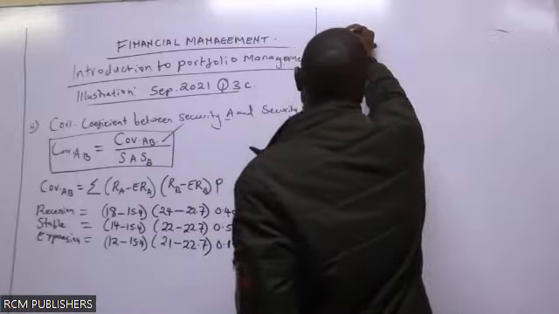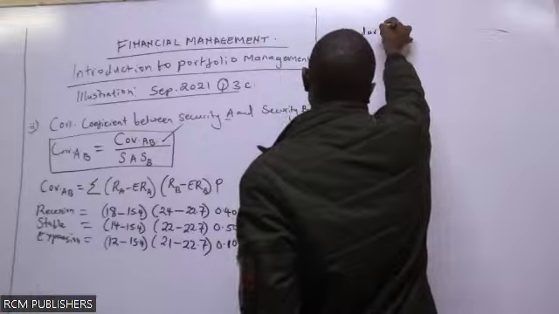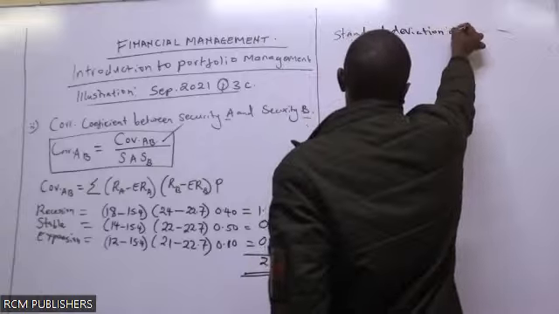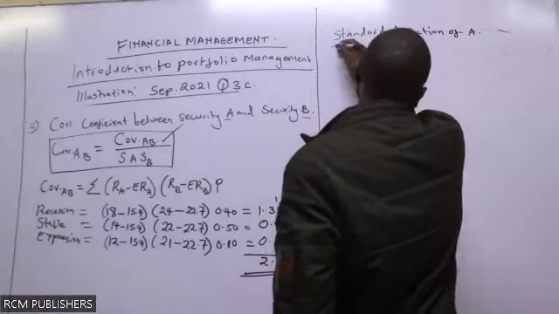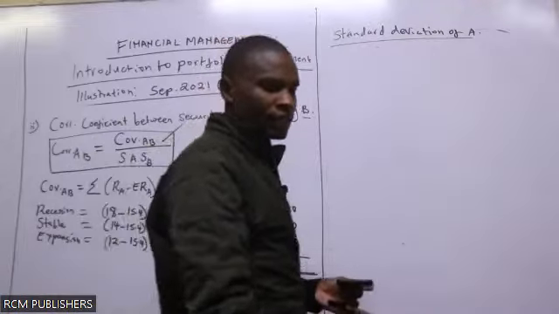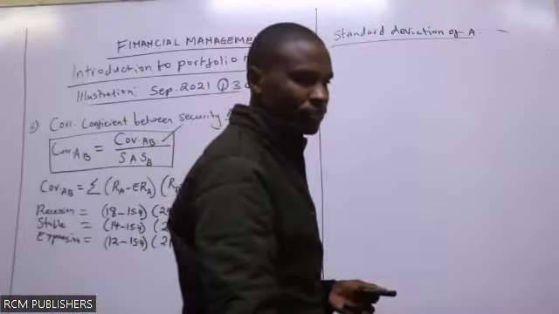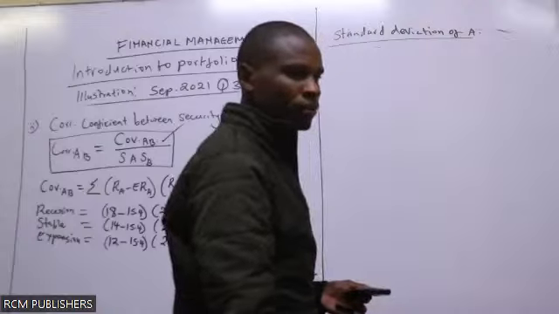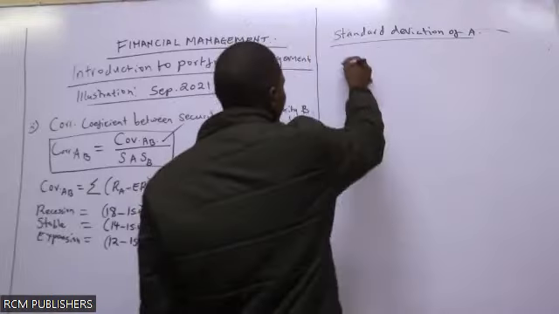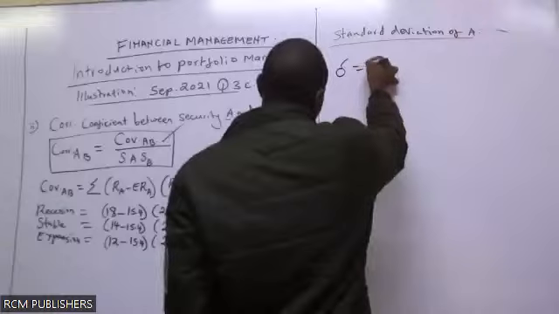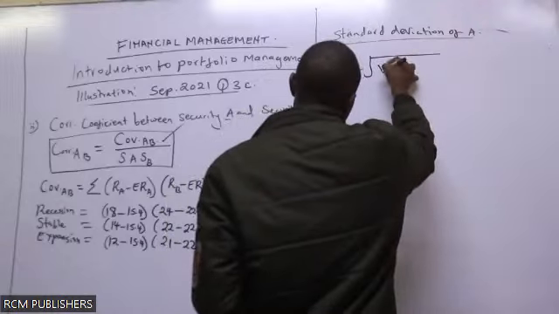So, standard deviation of security A. How do we get it? Standard deviation is equal to the square root of variance.